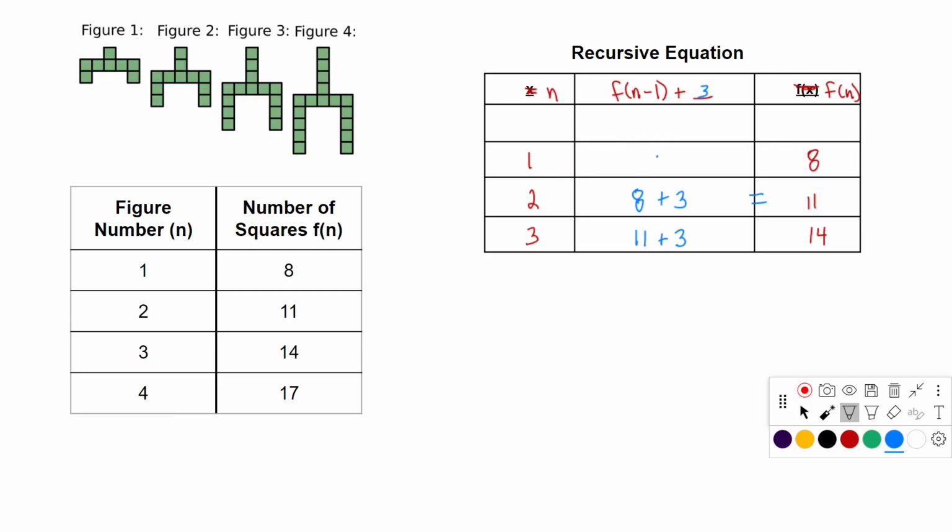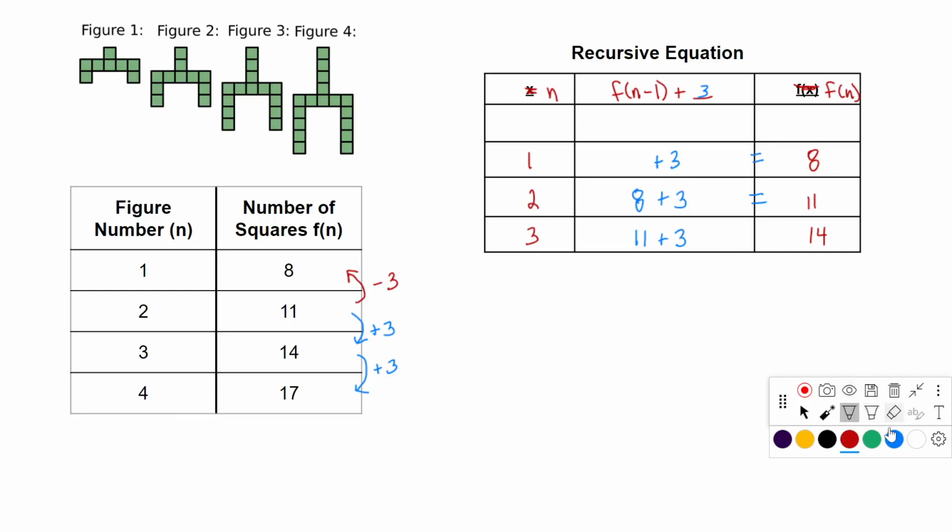So we can find that. What would I have to add to 3 to equal 8? I can ask myself the reverse. If I'm adding to go to the next one, then to go to my previous one, I want to do the opposite. I'll subtract 3.